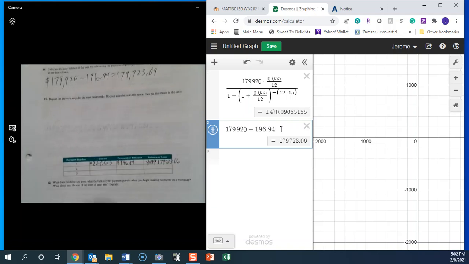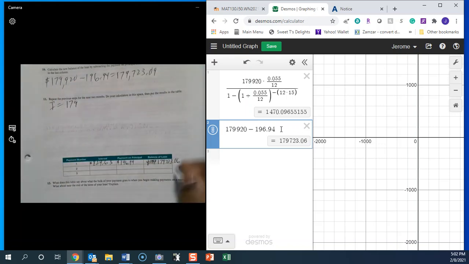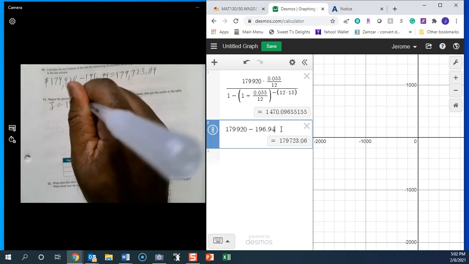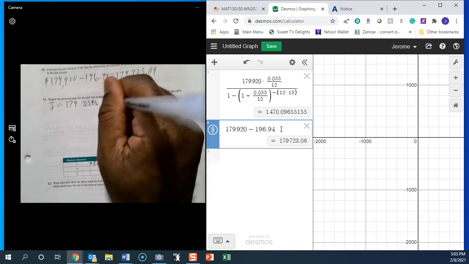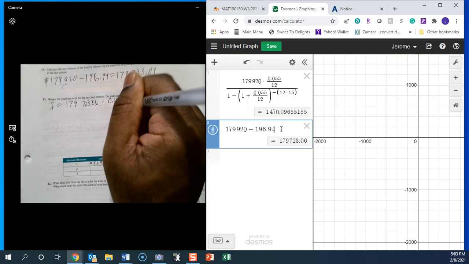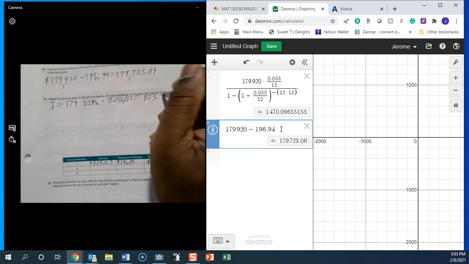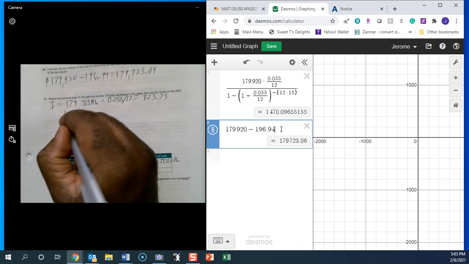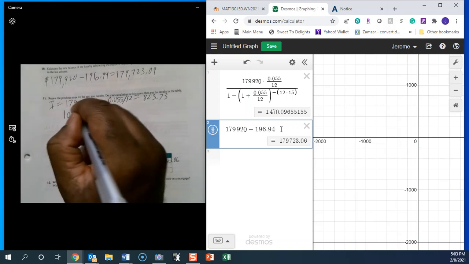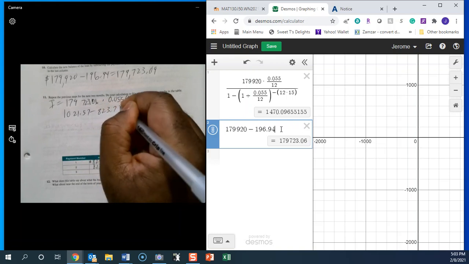Okay, so what we would do, we had interest is 179,723.06 times 0.055 divided by 12, and that would give us 823.73. So this would be $823.73. And then we would take our $1,021.57 payment minus the interest.